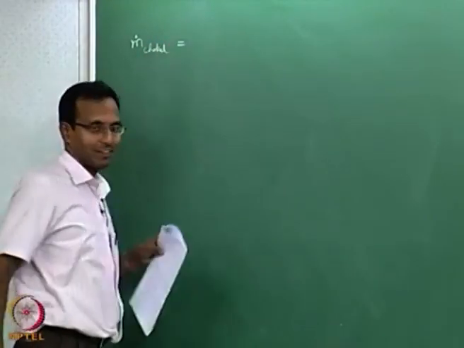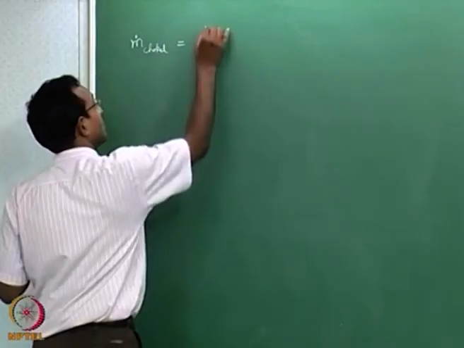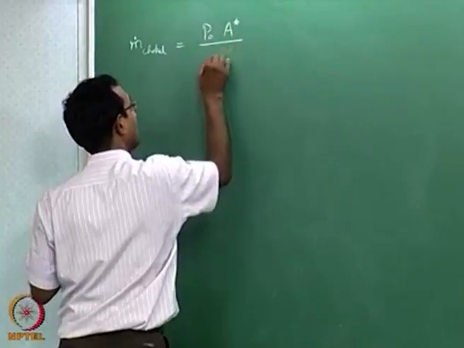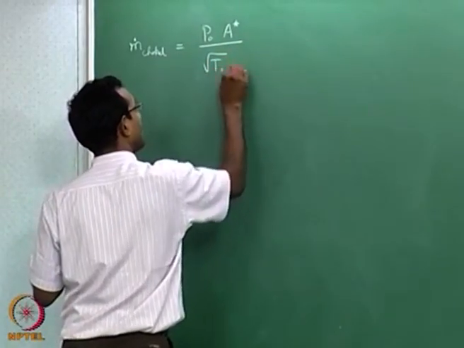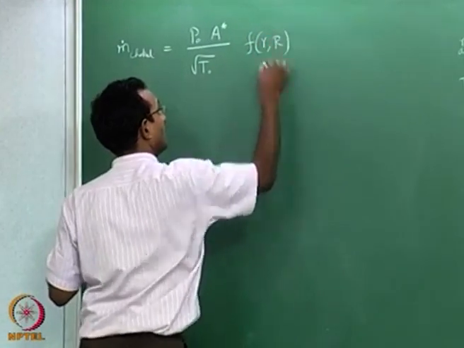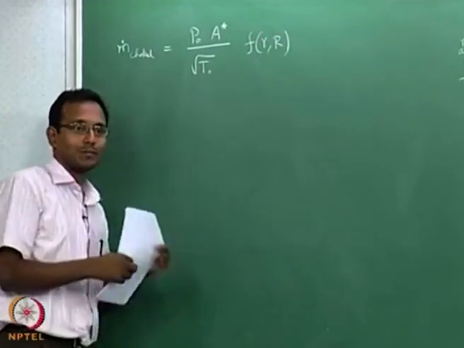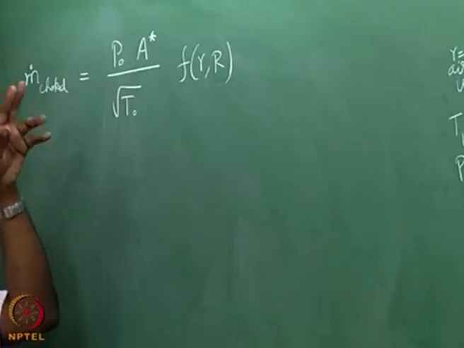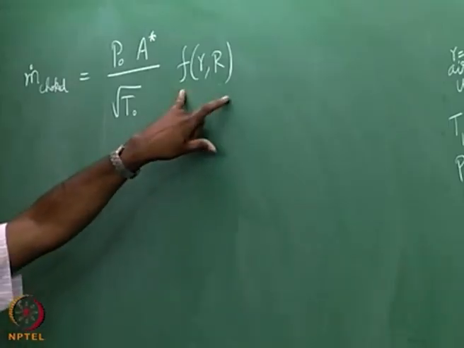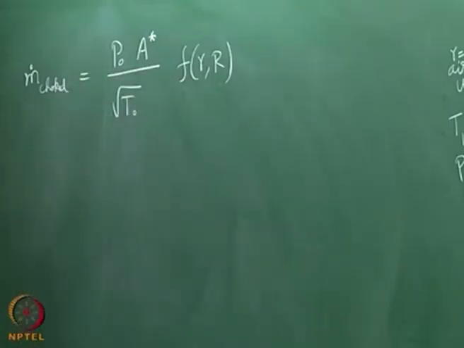Choked mass flow rate, we had an expression which I can write: it is going to be square root of gamma by R times ((gamma plus 1) by 2) to the power (gamma plus 1) by (gamma minus 1), that whole thing. I don't need to write it here, but it is just a function of gamma and R, that is all. Okay, we will keep it like this.